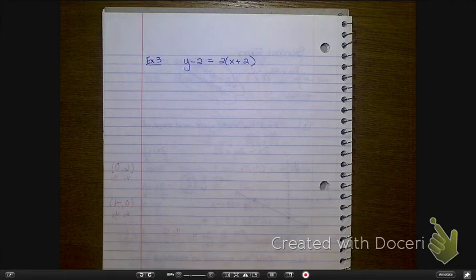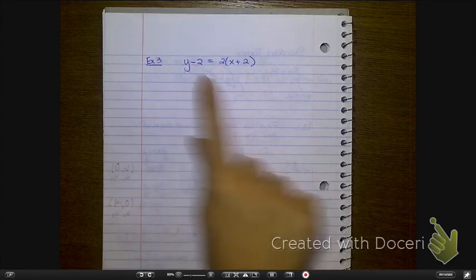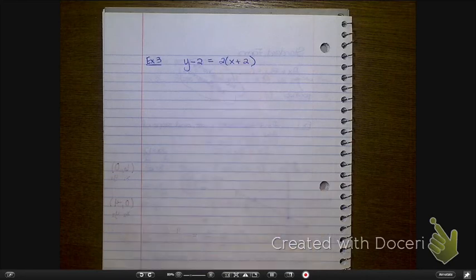Okay, so if we want to write this in standard form, there's a whole bunch of things wrong with this, right? The x is on the wrong side, the y is on the right side, but there's a number here which shouldn't be there, and there's all these parentheses and stuff, which we don't have any parentheses in standard form, right? So what can we do now to first help us get rid of some of these things that shouldn't be there? Okay, what do you think?